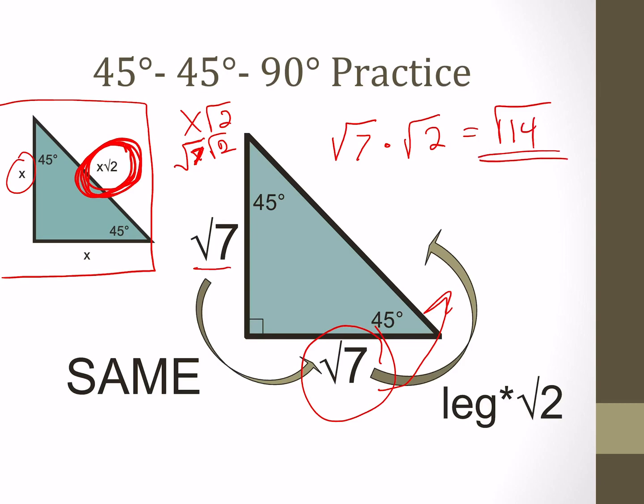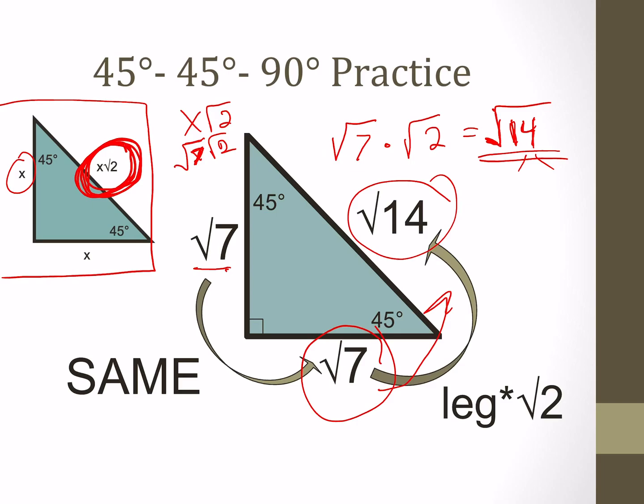Now, I look at that 14 and I ask myself, your favorite thing to do again, can 14 be simplified? Is there a perfect square that goes into 14? The answer is nope. So your answer is radical 14. So rad 7 for each of the legs, hypotenuse rad 14.